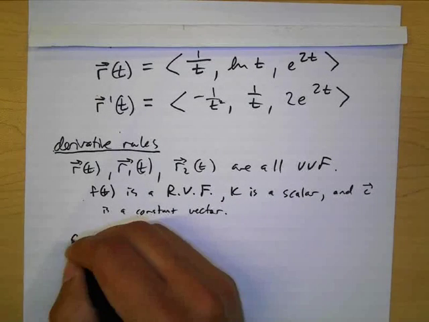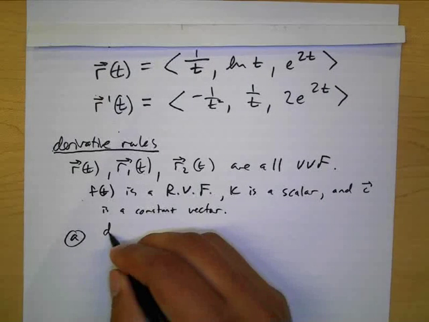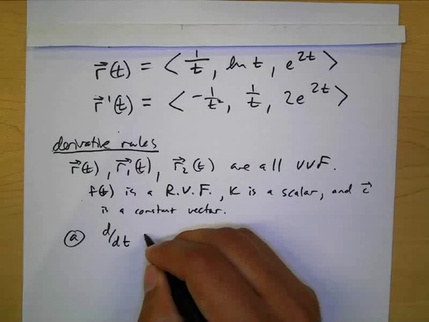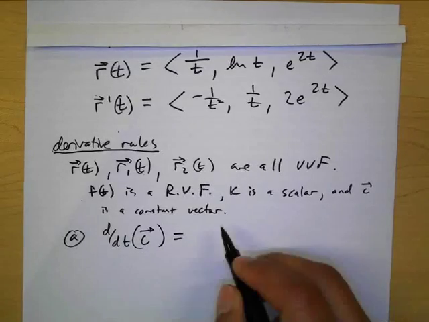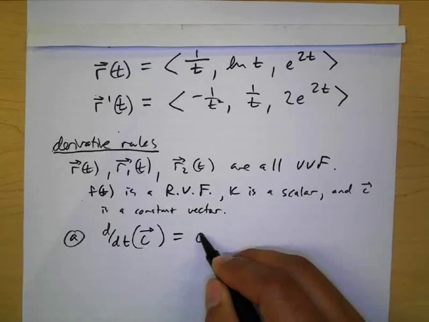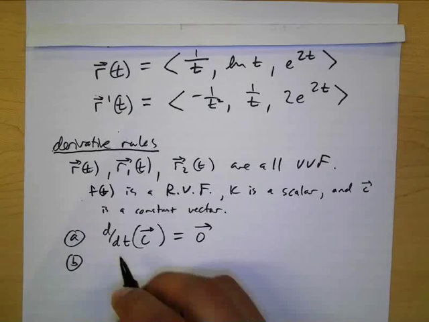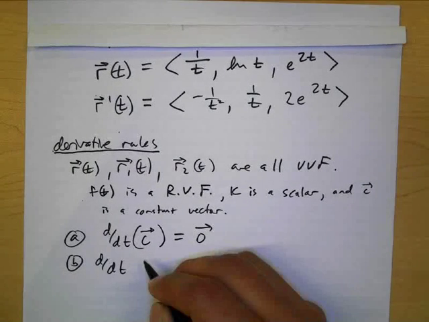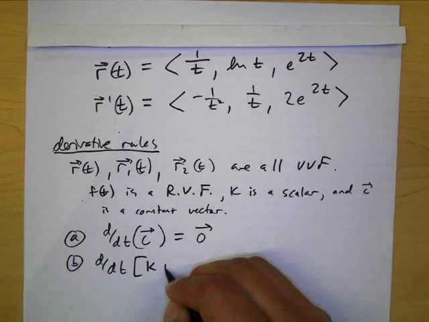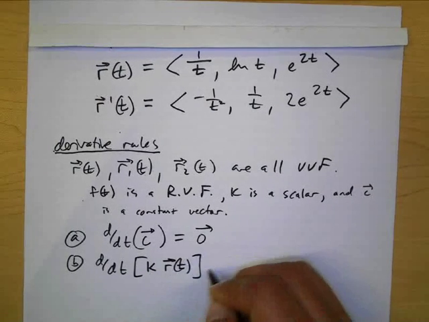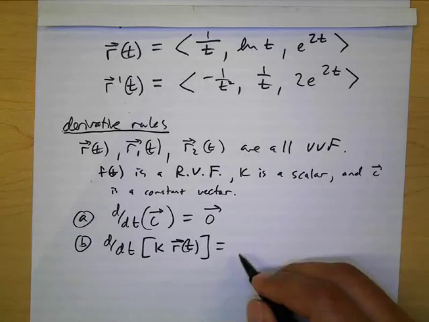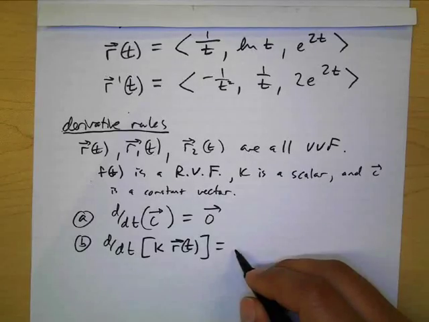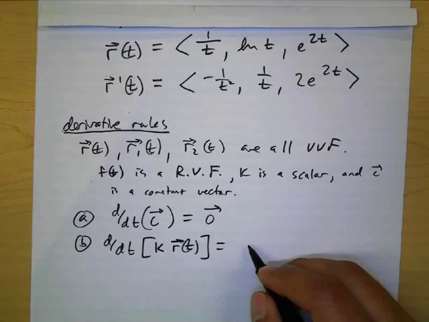Okay, here are the rules. If you take the derivative of a constant vector, what are you going to get? The zero vector. Good. If you take the derivative of a scalar times a vector valued function, this is the same as the scalar times the derivative.